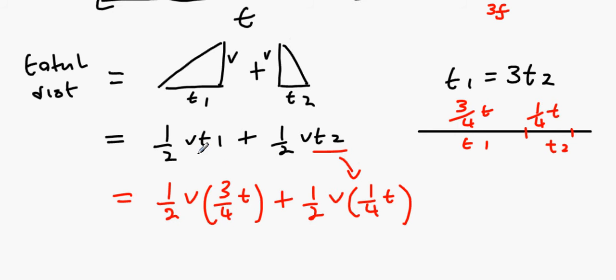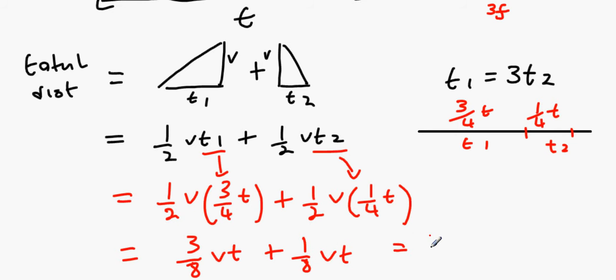Then let's add these together, so the total distance is going to be 3/8 vt plus 1/8 vt equals a half vt.